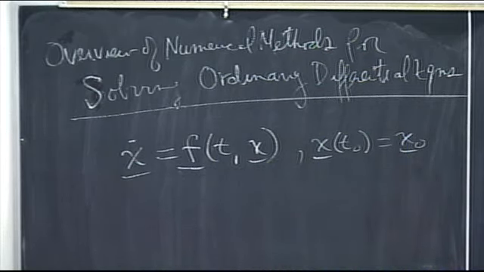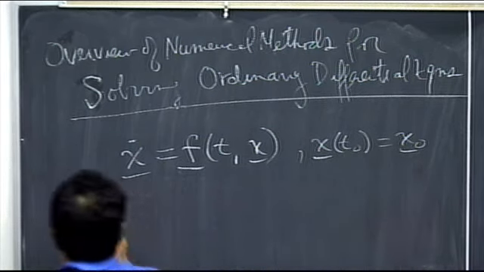Now, the thing to keep in mind is that the standard methods for solving this are the ones you would conceive when you're actually trying to do this on a computer. They're called time marching methods.